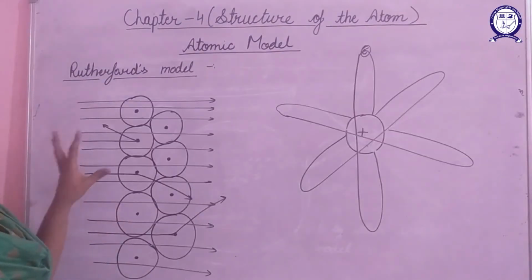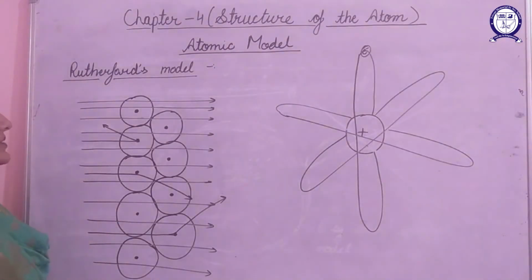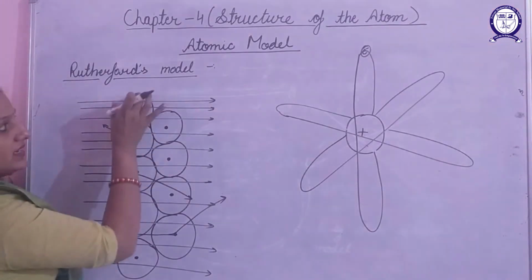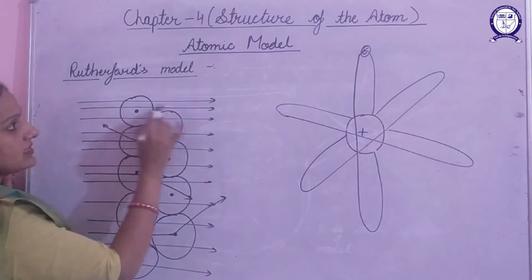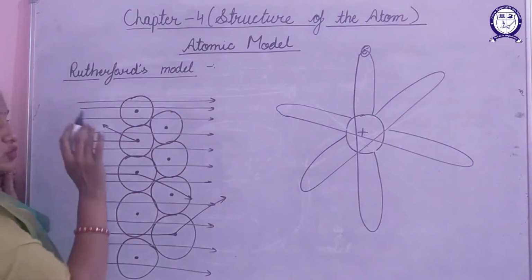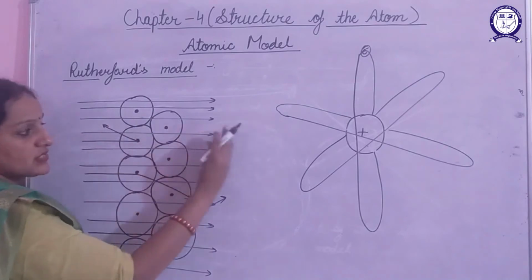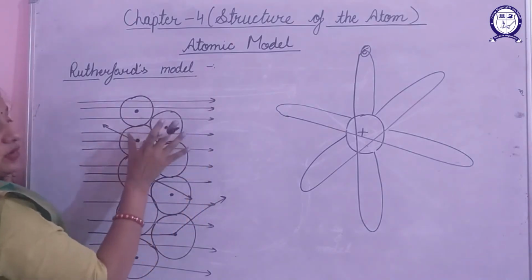Now from this alpha particle scattering experiment, Rutherford concluded that if these are the atoms of the gold foil and these rays represent the alpha particles, most of the rays pass straight without deflection.